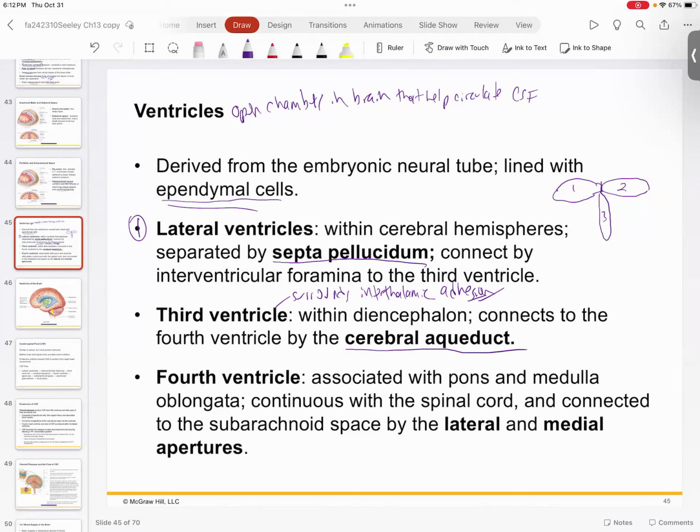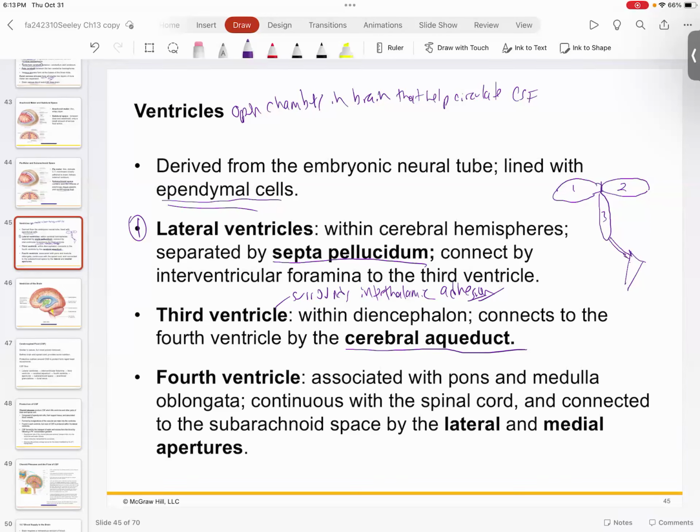So the cerebrospinal fluid will circulate from the first and second, the laterals, into the third, and then from the third, it'll go through the cerebral aqueduct to that triangular shaped fourth ventricle that's smashed between the cerebellum and the brainstem. So this one is basically connected.